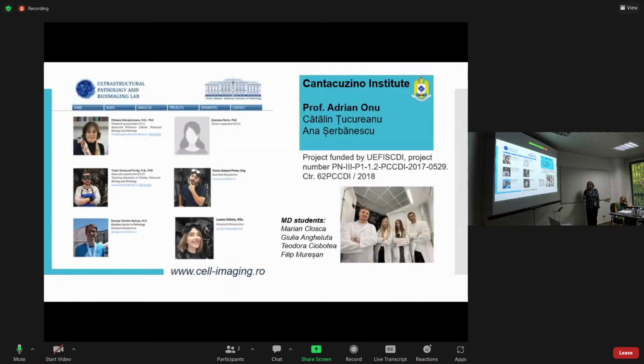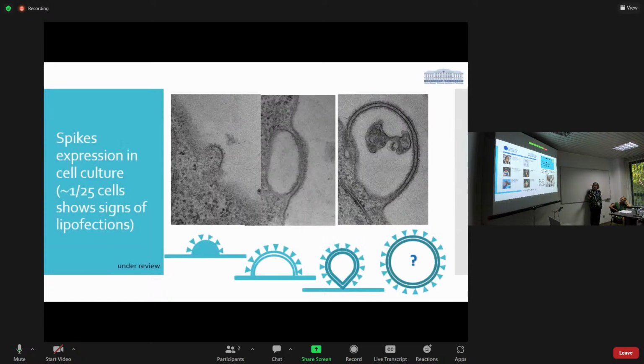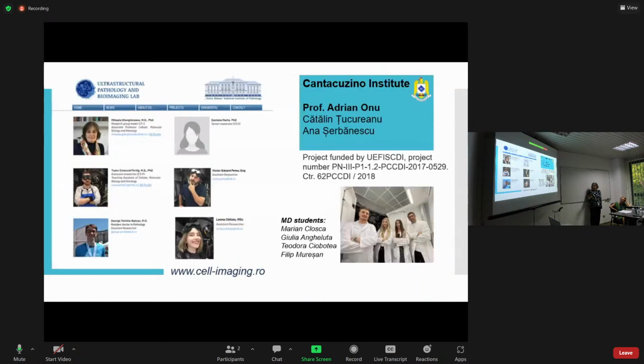This is a team of my electron microscopy lab. Emmanuel is the one who performed the testing of cells in culture with vaccine administration, and he tried to reconstruct the spike proteins from the cryo-electron microscopy images.